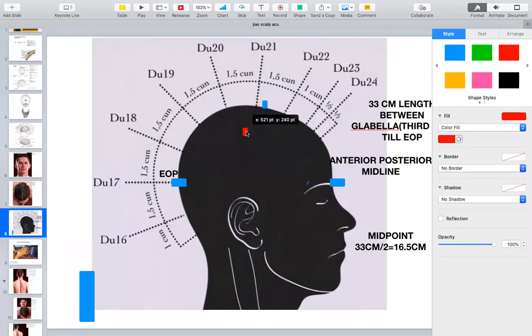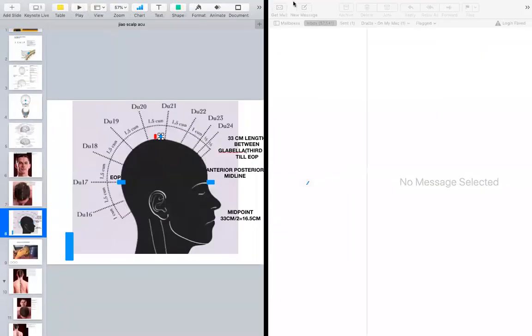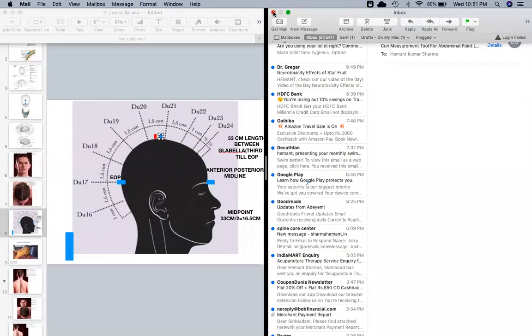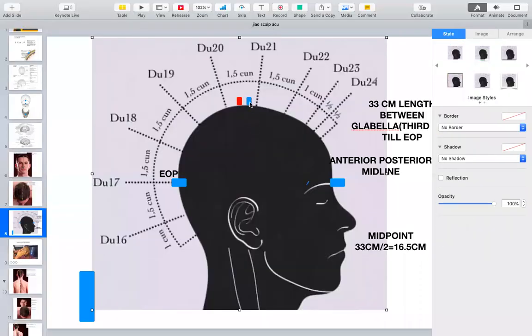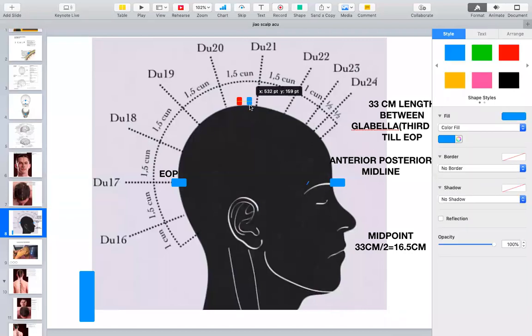Suppose this is the midpoint, which has been shown here with the blue color. And I am using this midpoint only as a landmark.